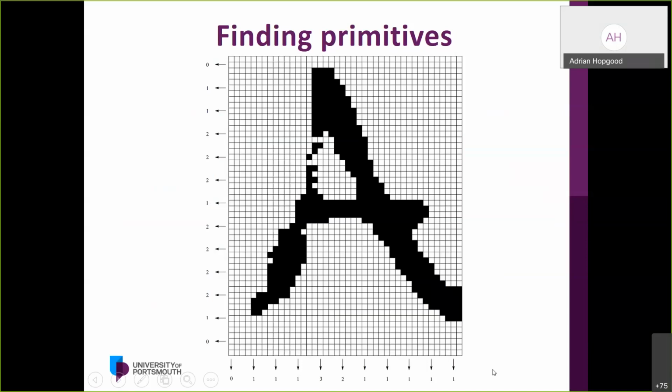And now, instead of having a bitmap of several hundred values, which the neural network would actually struggle to make much sense of, I've now got a much reduced set of 24 values, which are quite descriptive of characteristics of the letter. So where you've got a kind of loop in the middle here, you've got a 2, where you've got a particular leg of the image, here you've got 1. There is a particular point here where there are 3 black to white transitions because there's a little bit of a gap in the bitmap. So that pre-processing extracts some characteristics of the letter.